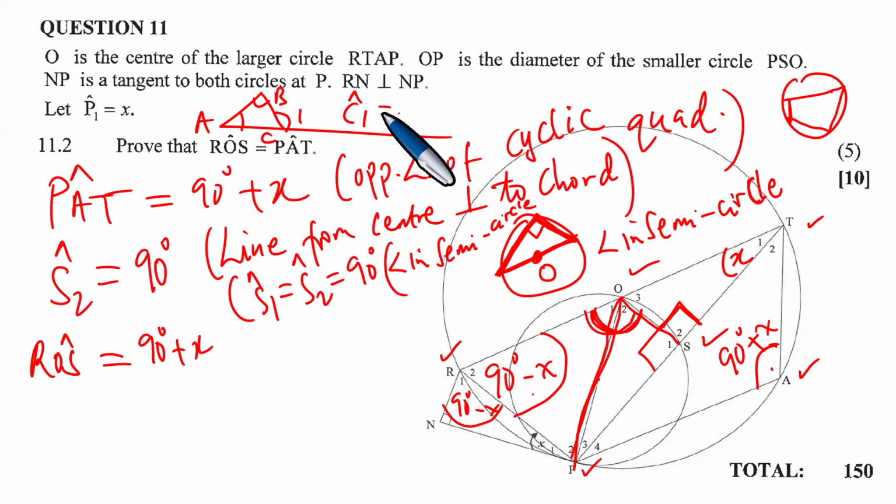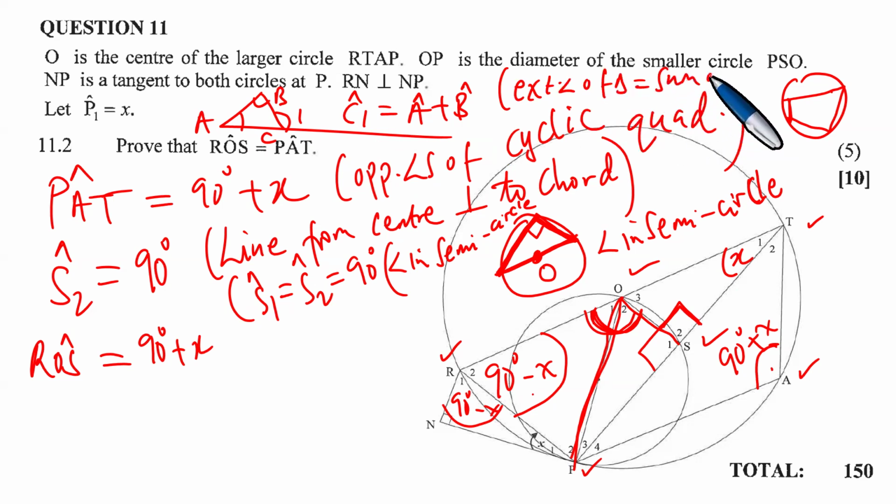So you say that angle C1 is angle A plus angle B. Remember this: angle C1 is A plus B. Exterior angle of a triangle equals the sum of the interior opposite angles.